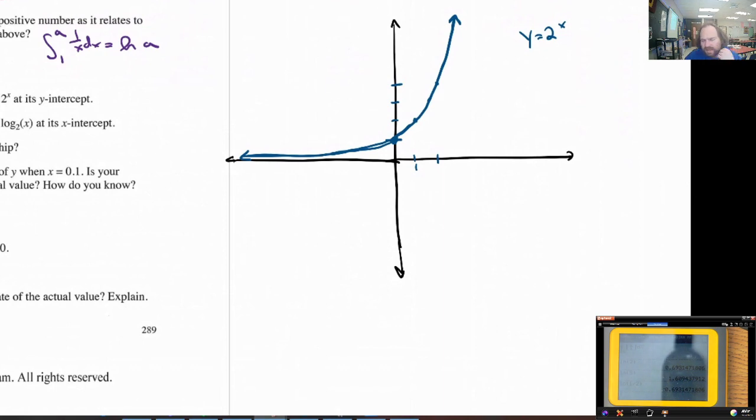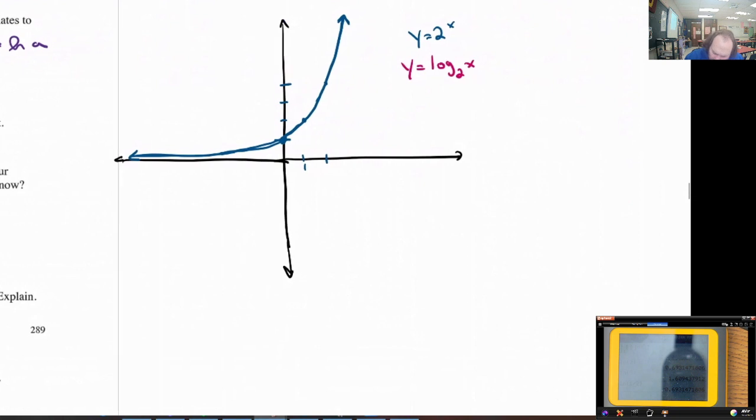Now, as far as its inverse goes, the inverse of 2 to the x is the log base 2 of x. An easy way to graph an inverse is to take any set of coordinates on this graph. If there is an xy pair that makes this equation true, then the y and x reversed will make the second equation true.